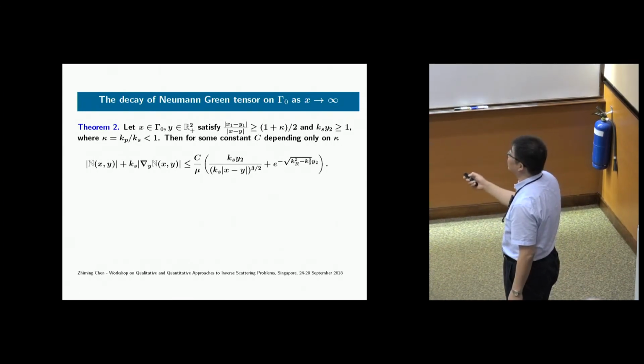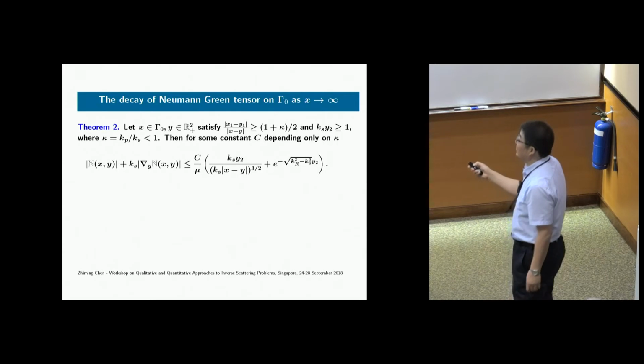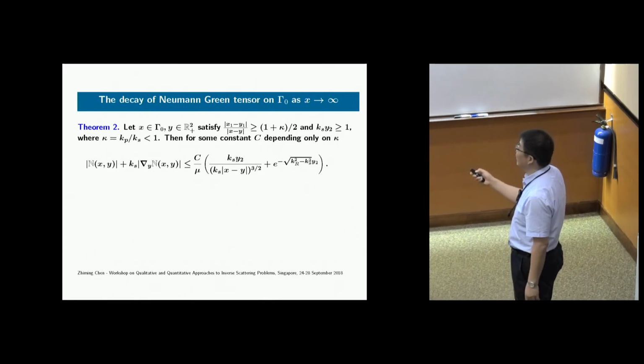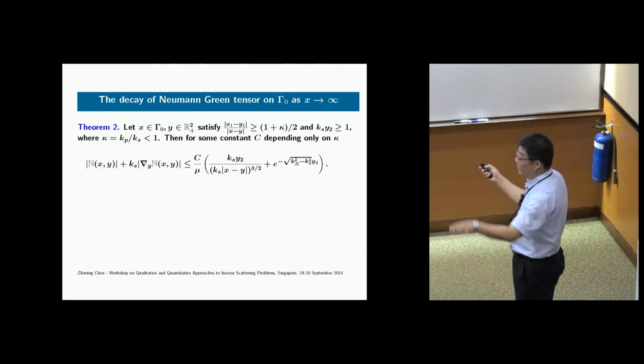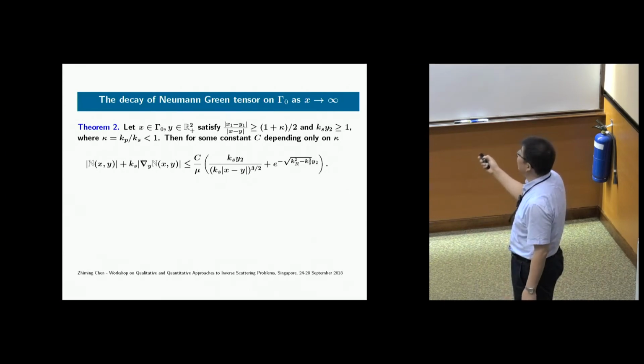We try to prove the decay. The Neumann-Green tensor on the surface decays like 2/3 power of the distance. This is the decay, and this is the exponential decay contributed from the surface wave, and the main part decays like this.